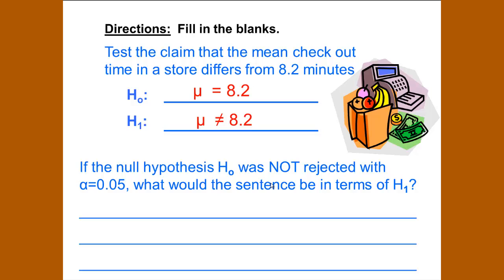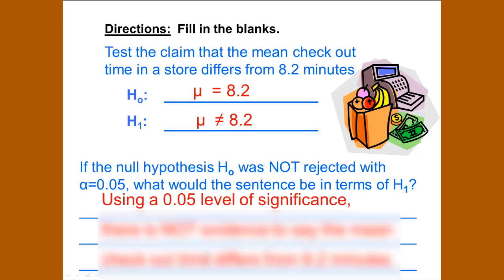If the null hypothesis H0 was not rejected with alpha equaling 0.05, what would the sentence be in terms of H1? Remember that we want to say our sentence in three parts.